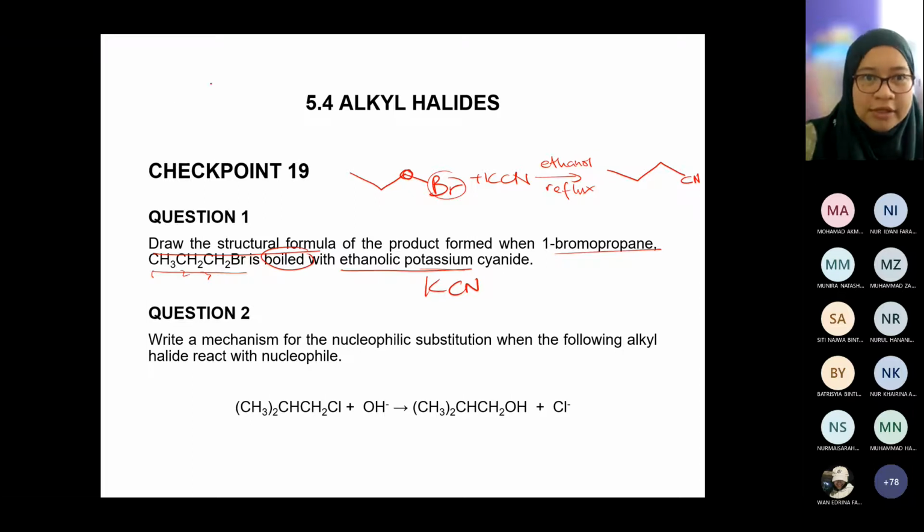Ini skeletal form kan. So, sebenarnya this carbon has also hydrogen attached to it. Ni rupa dia sebenar, sebab skeletal kita tak tunjuk hydrogen. So, kita buatlah hydrogen, and then another hydrogen.